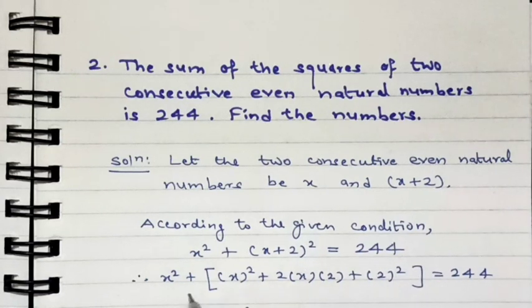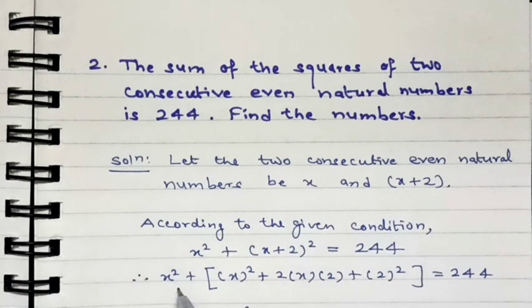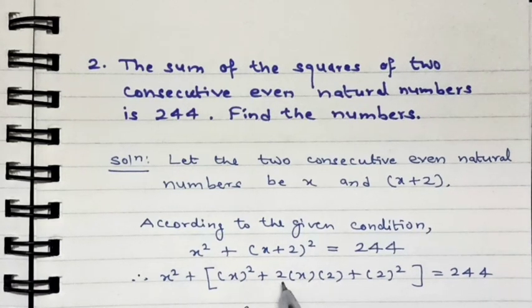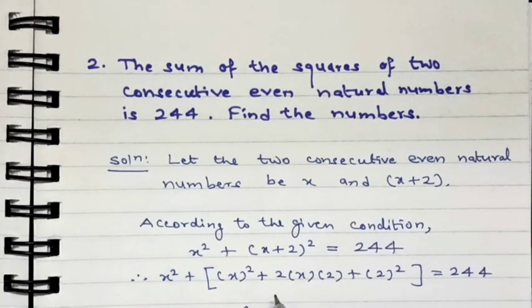Now x square is x square. You have to expand the second number, that is x plus 2 whole square, which will give you x square plus 2 into x into 2 plus 2 square. I'm using the formula a plus b whole square is equal to a square plus 2ab plus b square, and that is equal to 244.